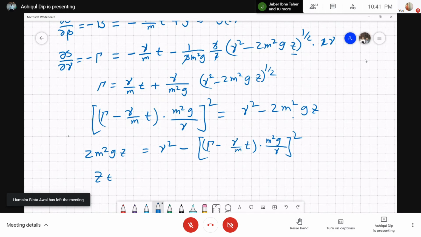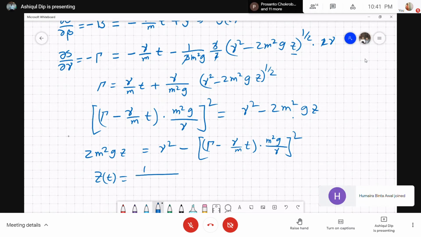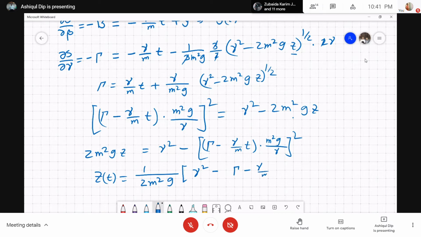And then z of t equals 1 over twice m square g, I believe, right? And then you have the other part: gamma square minus gamma by mt into m square g by gamma.